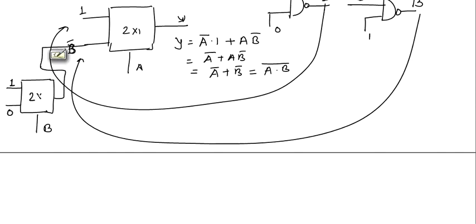This is a NOT gate. We have already seen this NOT gate will generate B bar. So for the NOT gate we required 1 2:1 multiplexer. For the AND gate we required 1 multiplexer. For the OR gate we required 1 multiplexer, and for the NAND gate we required 2 multiplexers.